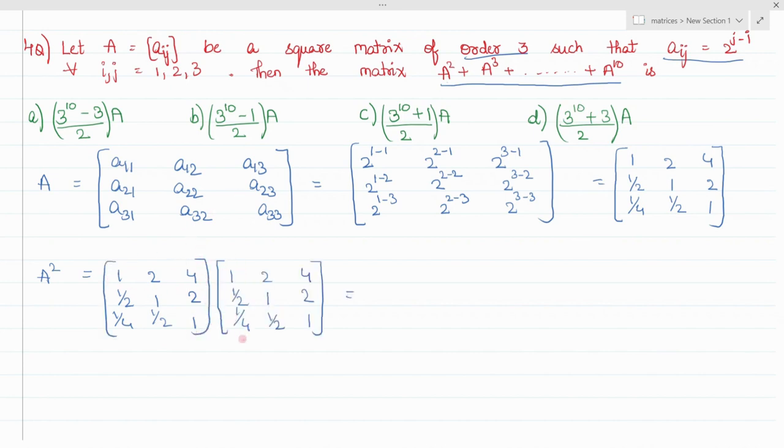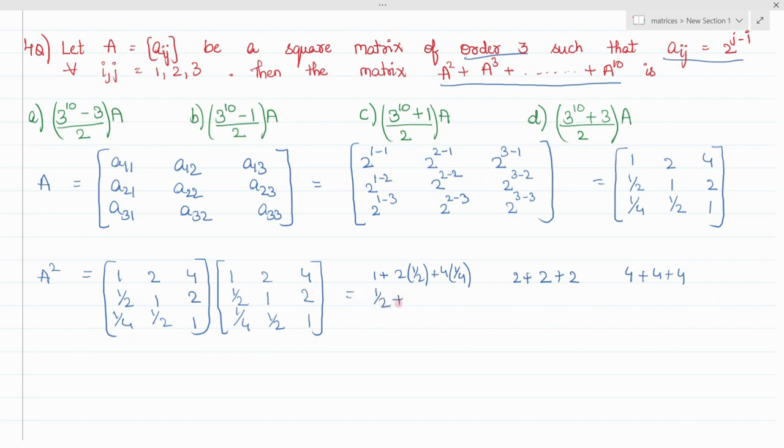Multiply this row with this column, you will get 1 plus 2 times half plus 4 times 1 by 4. And next 1 into 2, 2, 2 into 1, 2, 4 into 1 by 2, that is 2. Next 4 into 1, 4, 2 into 4, 4 into 1, 4.